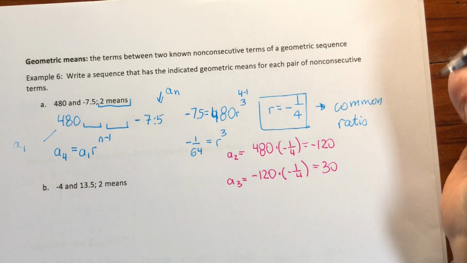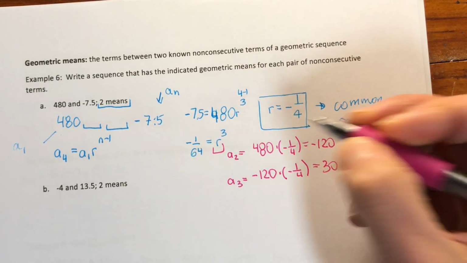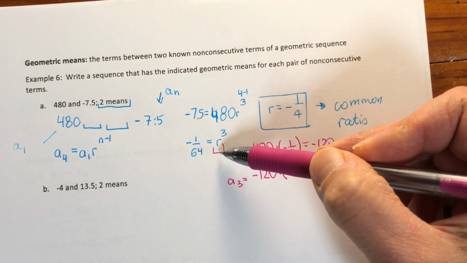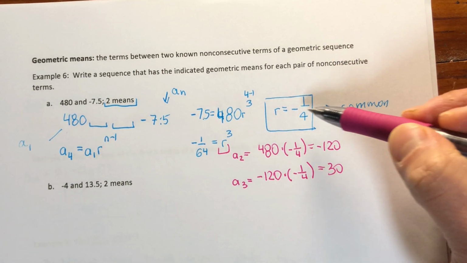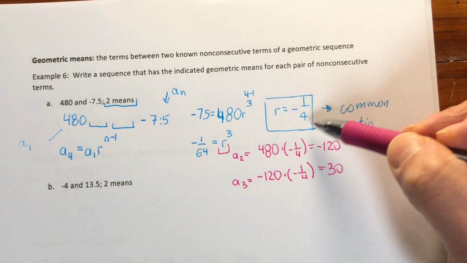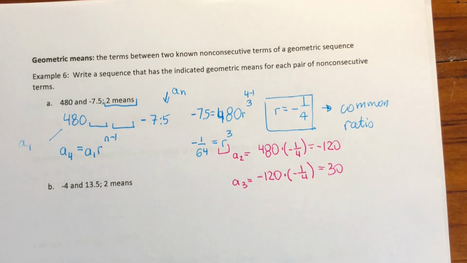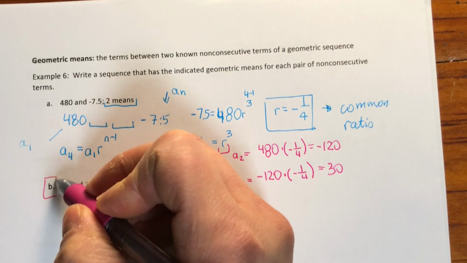My only unknown is r, which is our common ratio, which I can find from this equation. The common ratio, if you look at my calculations, is negative 1/4. Once you figure out your common ratio, you can figure out the second and the third term. Okay, here are two examples for you.